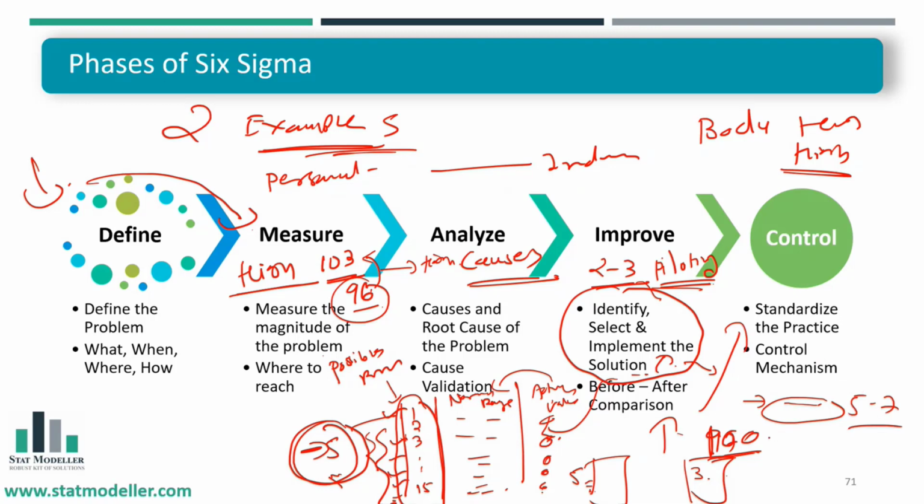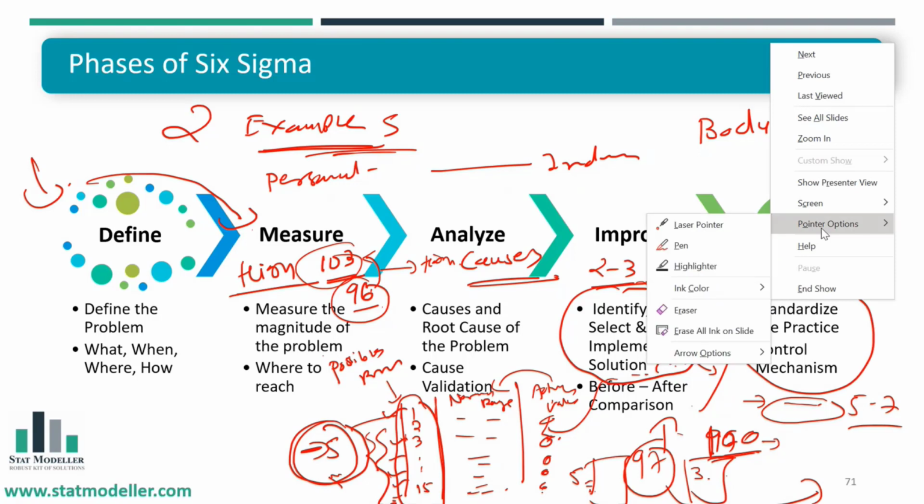And then he will give some precautionary measures or instructions: don't eat outside food, don't eat fried food, and so on, right? Why? Because whatever result we have achieved, like 97, we want to sustain this. We don't want to go back to 103. So here, basically, the control mechanism or sustenance will be done.